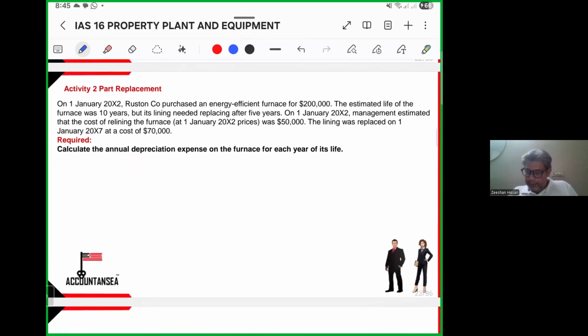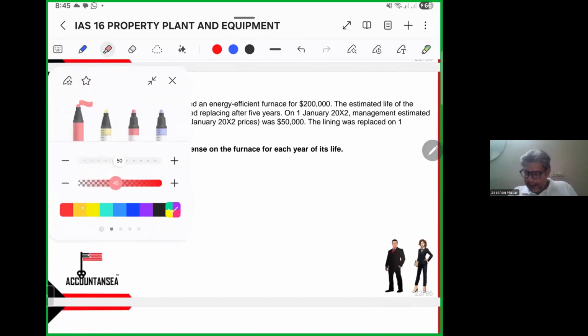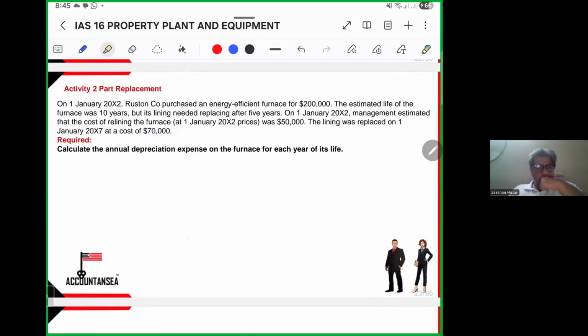Now we have another activity. On 1st January 2002, Rooston Co. purchased an energy efficient furnace for $2,000. The estimated life of the furnace was 10 years, but its lining needed replacing after 5 years.